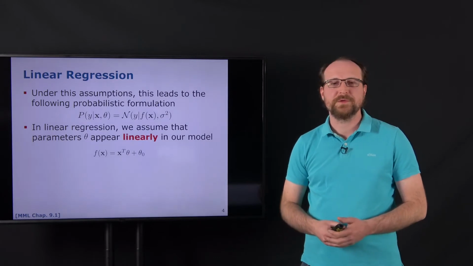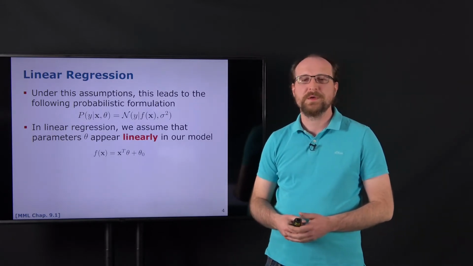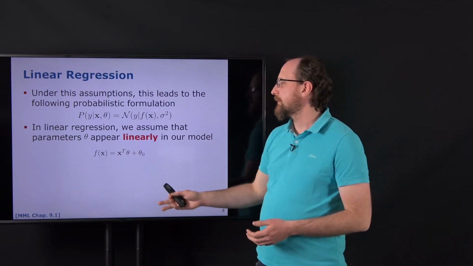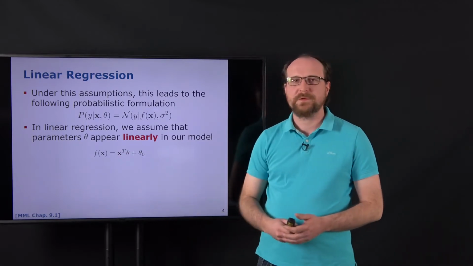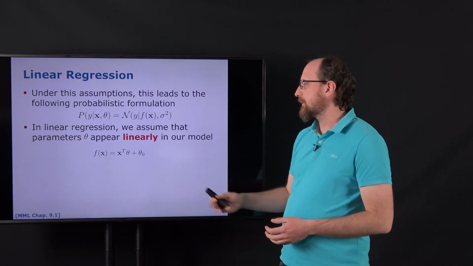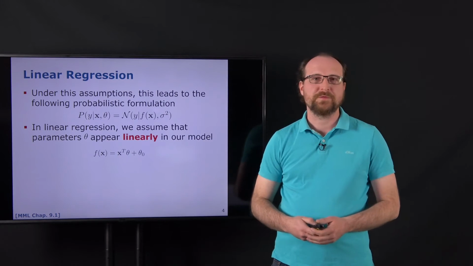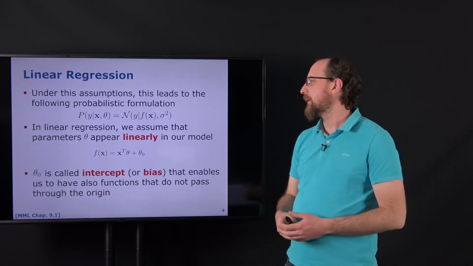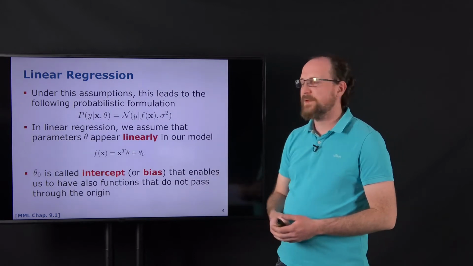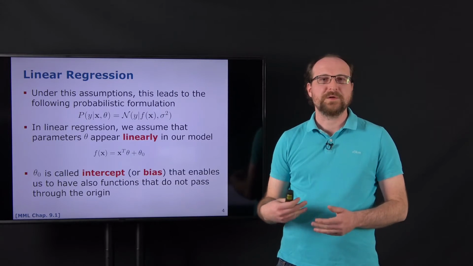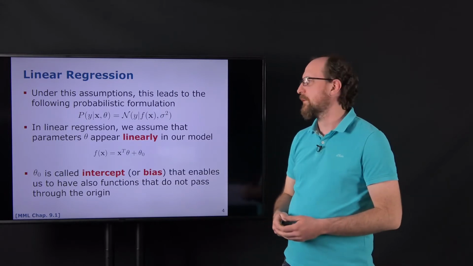In linear regression we are assuming that the parameters theta appear linearly in the model. So that means that f of x is a linear combination of the feature vector x and the parameter vector theta. And we add theta 0 to have also functions that are not only passing through the origin. The theta 0 is called intercept or bias, and with this theta 0 we have the ability to represent functions that are not only going through the origin.